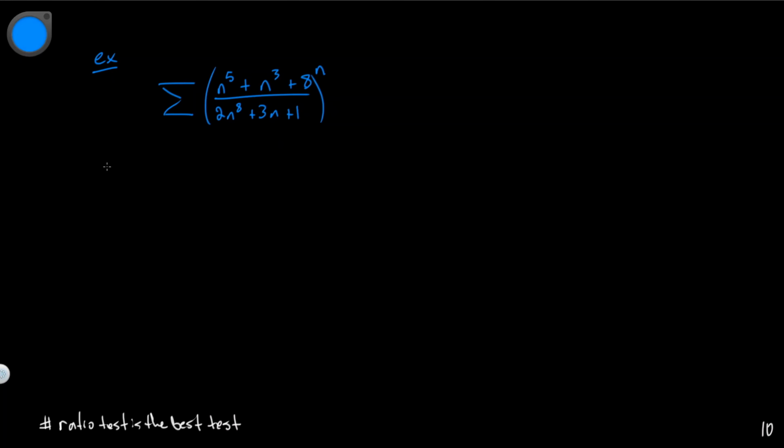All right, so what do we want to do? We want to use the root test. The root test and the ratio test are amazing tests. All you got to do is check the limit. In this case, the limit as n goes to infinity of the nth root of our sequence.